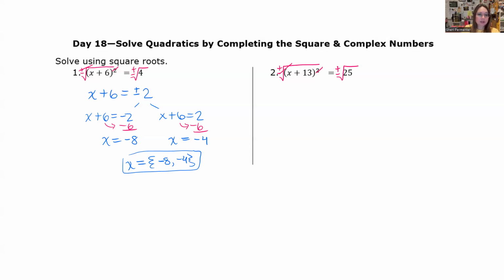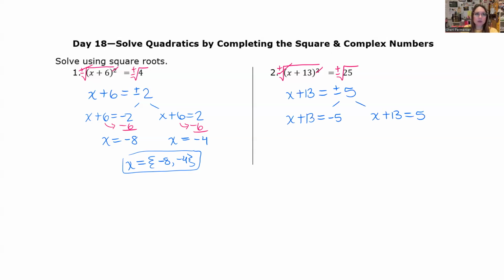So I'm left with x plus 13. What's the square root of 25? 5, very good. So now I'm going to break into two branches where I'm going to have x plus 13 equals negative 5, and then x plus 13 equals positive 5.